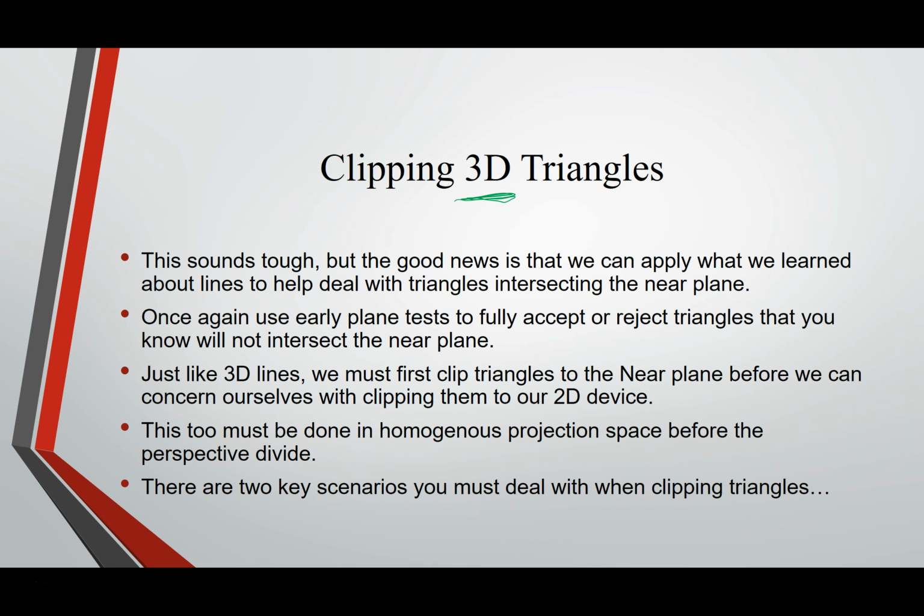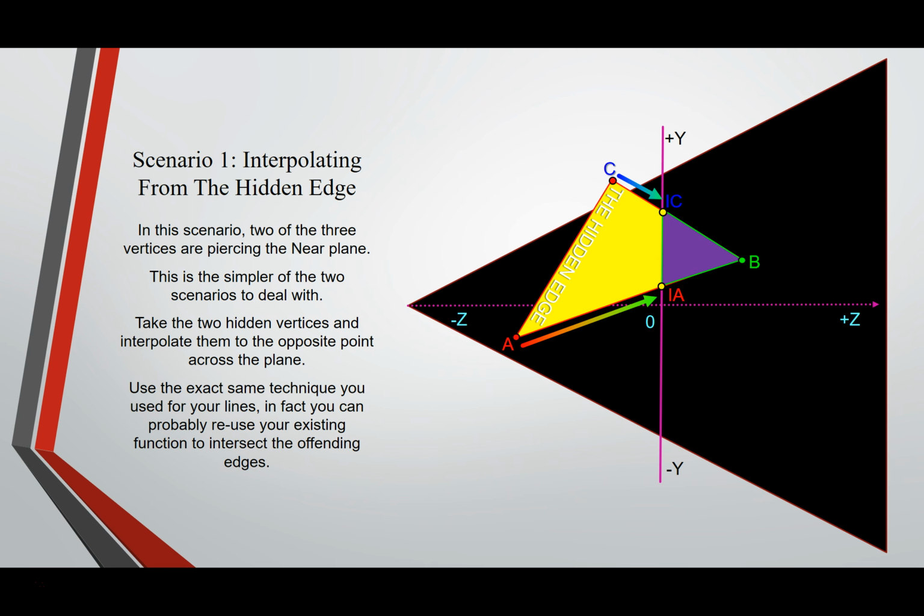All right, so when we are going to cut our triangles along the near plane, there are 2 key scenarios that are going to happen. There are 2 situations you have to deal with when they have to be cut. So let's talk about those 2 scenarios. Here's the first scenario, and that is interpolating from the hidden edge.